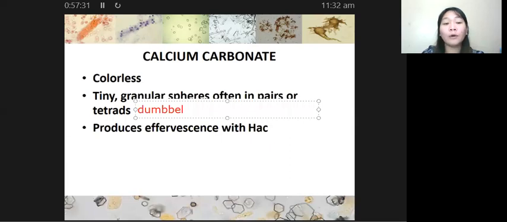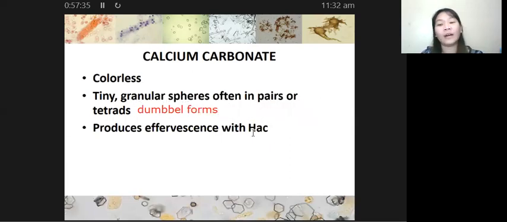So meron din pong dumbbell forms ang calcium carbonate natin. And take note that since it contains carbonate, this is the only crystal that produces effervescence upon the addition of your acetic acid.